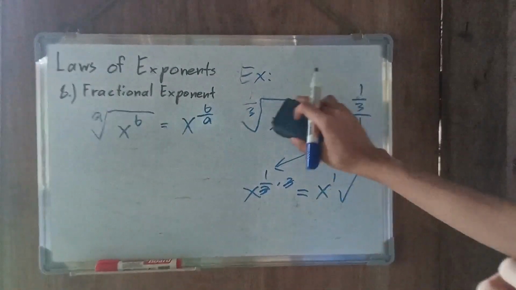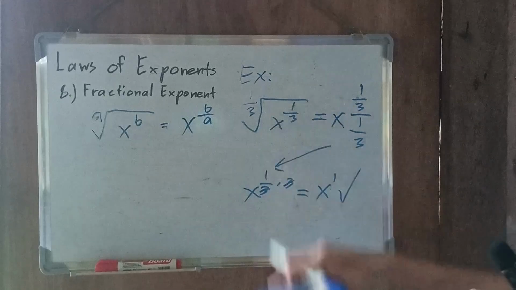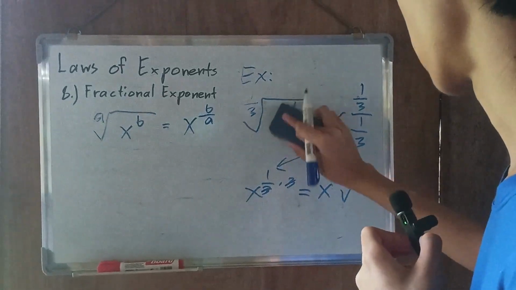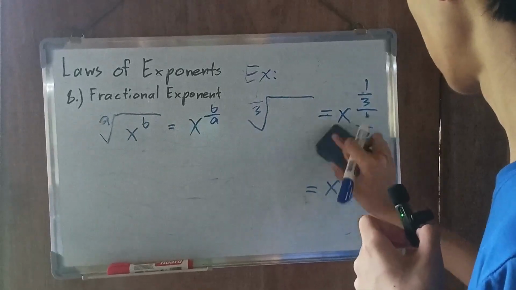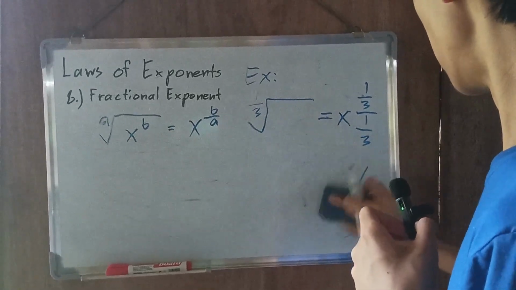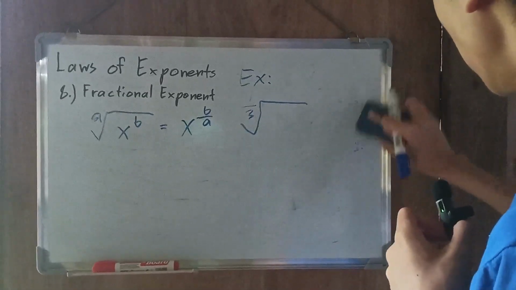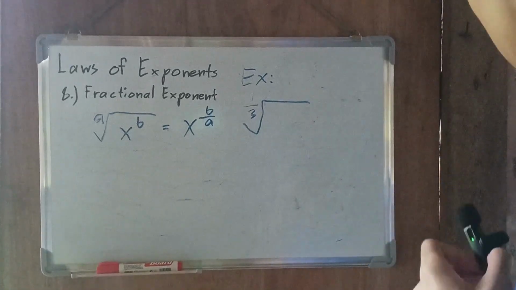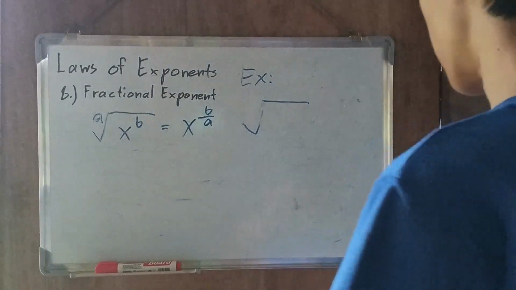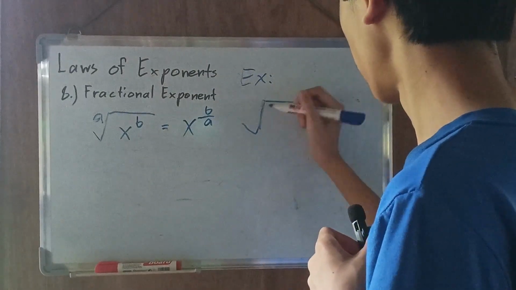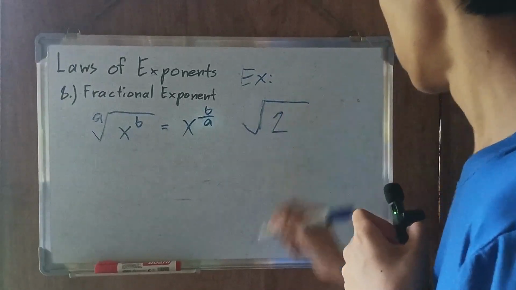Now, what if this is a constant in a root? Let me put it here. What if this is the square root of 2?